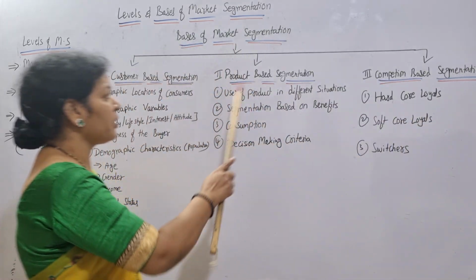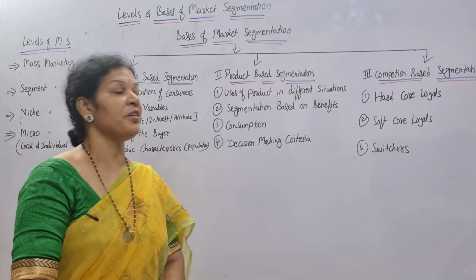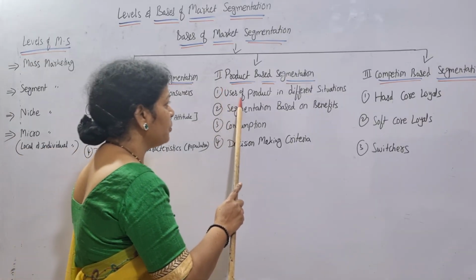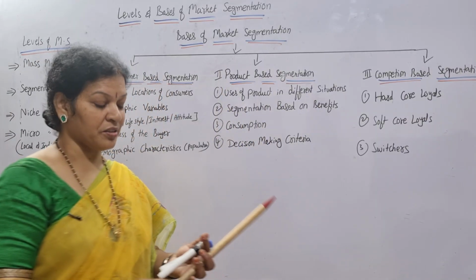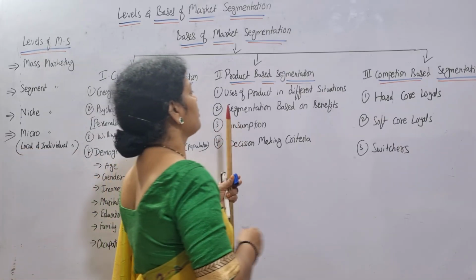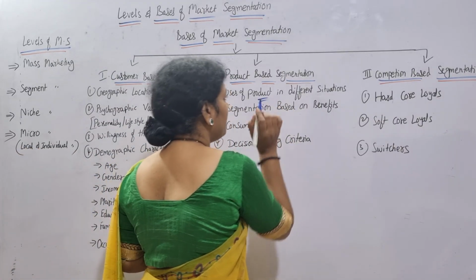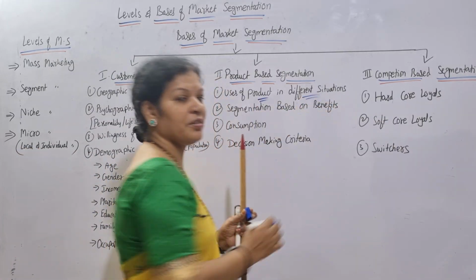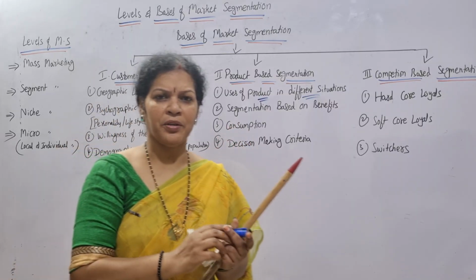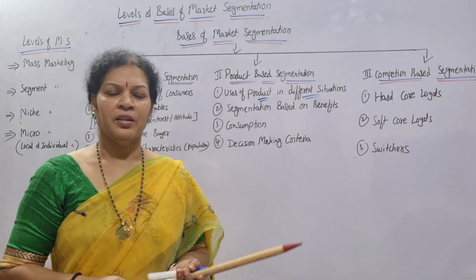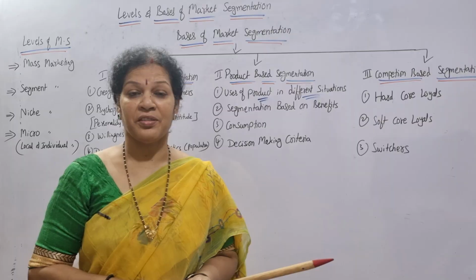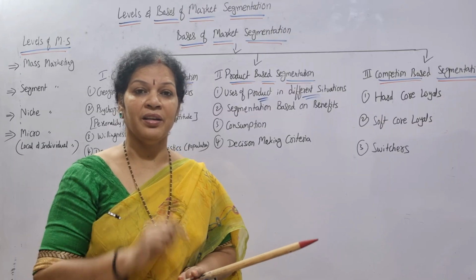Next we'll go for product based segmentation. From the product point of view, the first one is the uses of the product in different areas. We have to show interest that the product should be useful in different areas, not just from one point of view. The product is applicable in many areas. Say, for example, oil.